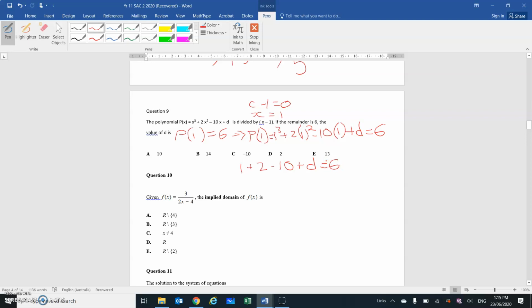If we rearrange that, we get minus 7 plus D equals 6. Therefore, D equals 13, which is option E. Okay, and that's an X there. All right, let's keep moving.